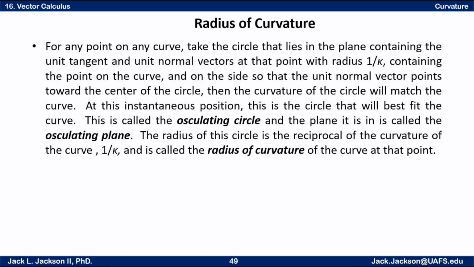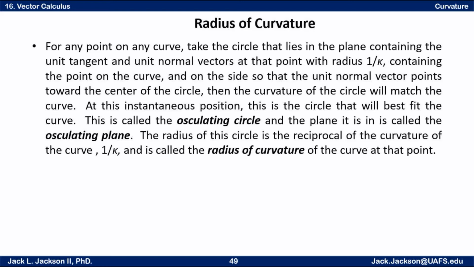And let's also let one of the points be the point on the curve that we're talking about, and the center will be in that plane that contains the unit normal and unit tangent vectors, and let the normal vector point toward the center of the circle. So put it in that direction.